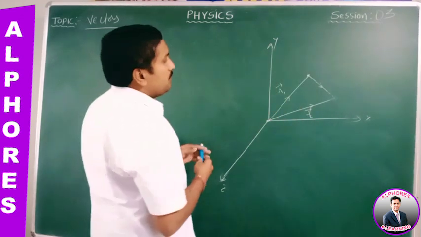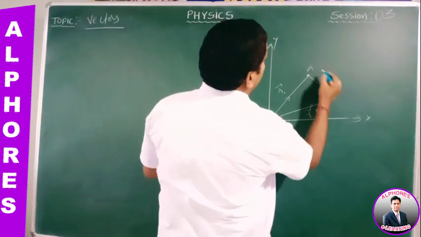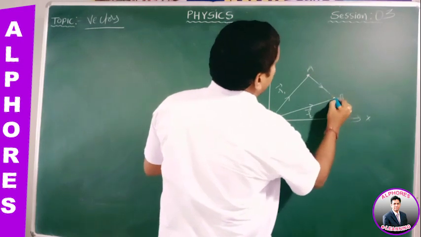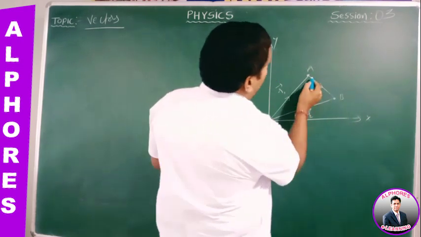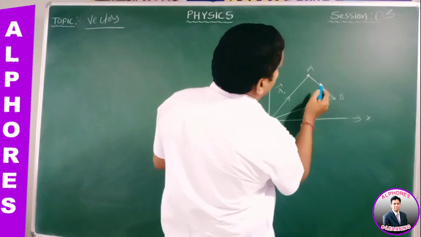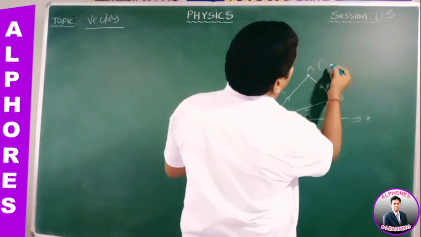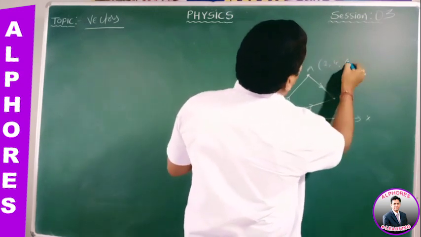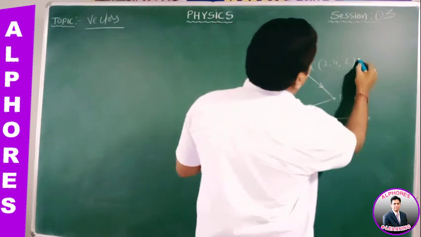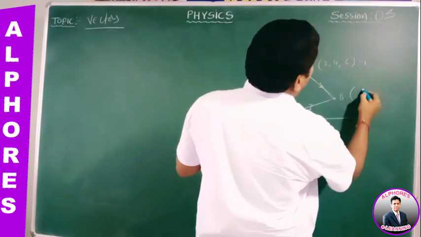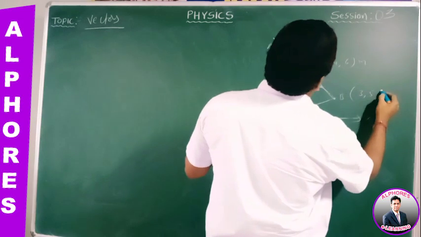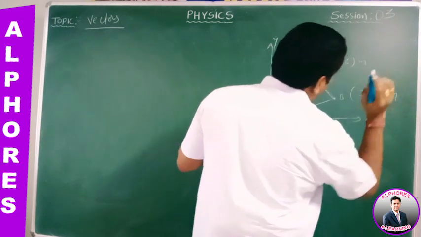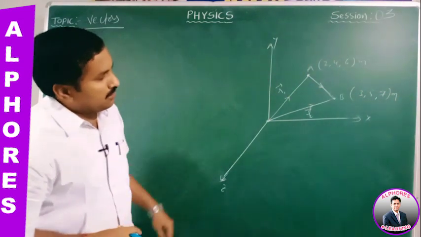For example, I am taking 2 points again, this is A and this is B in space. Now what are the coordinates of these points? A can be taken as 2, 4, 6 meters, and B as 3, 5, 7 meters. Okay, I am taking different coordinates.